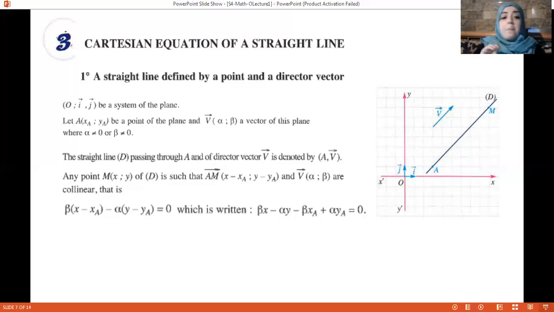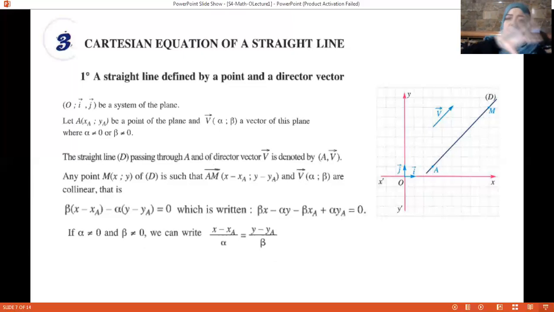And we expanded them, so we get beta x minus alpha y minus beta xa plus alpha ya equals 0. After that, we bring everything that belongs to the x coordinate to one side and everything that belongs to the y coordinate to another side.